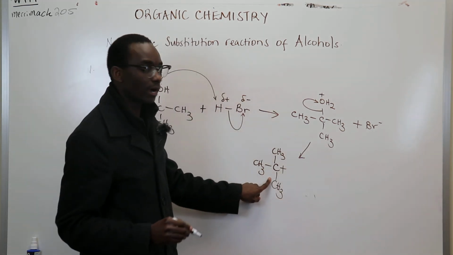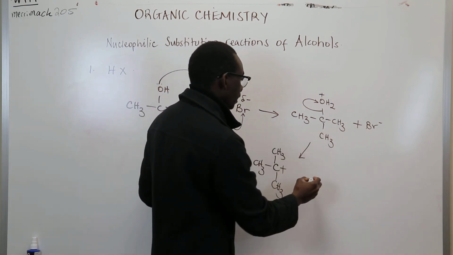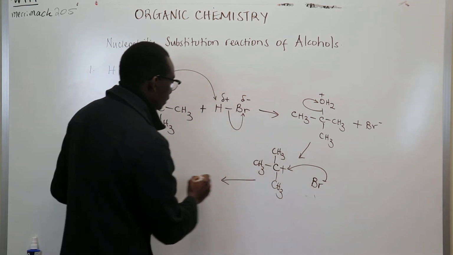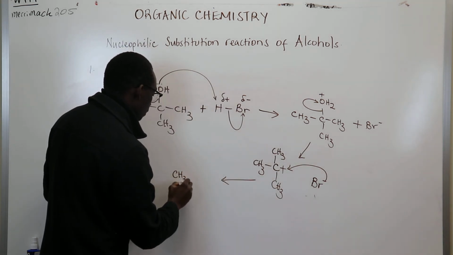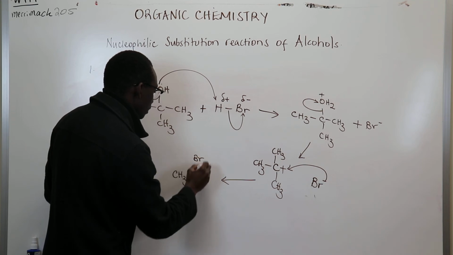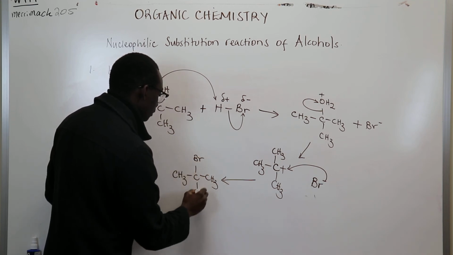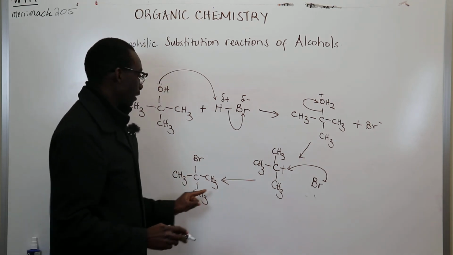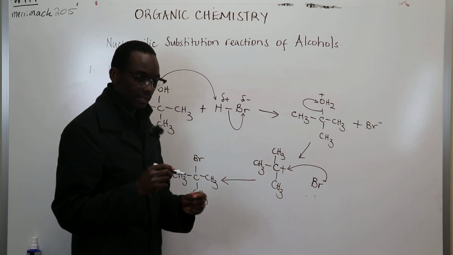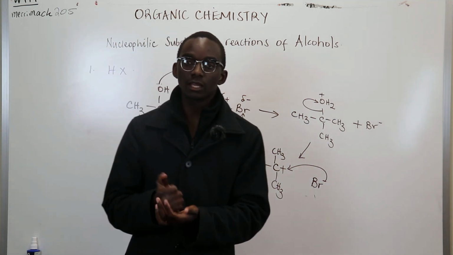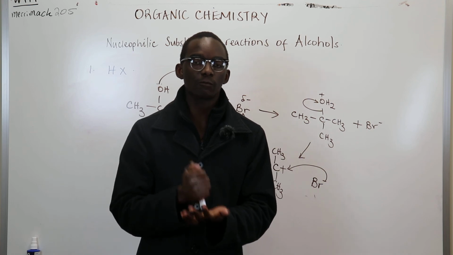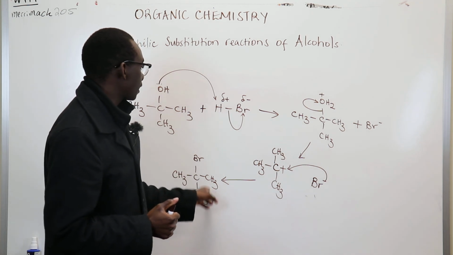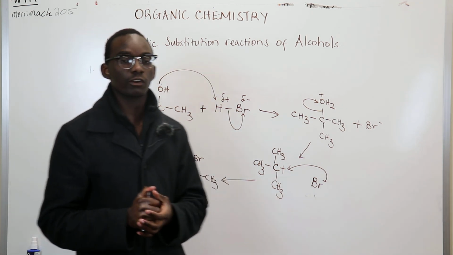This is a very stable carbocation, and hence the Br can easily come and attack it to give us our new product, which is CH3CBrCH3CH3. This is 2-bromo-2-methylpropane as our product. Again, in stereochemistry, if they ask you for the number of products formed, we always form 2 products, both R and S, under this type of reaction with tertiary and secondary.